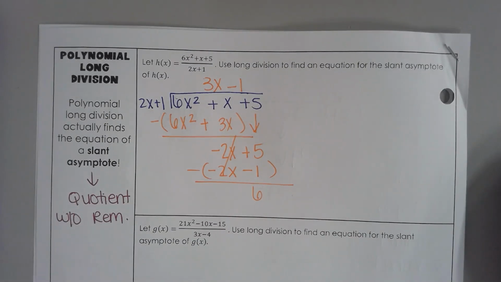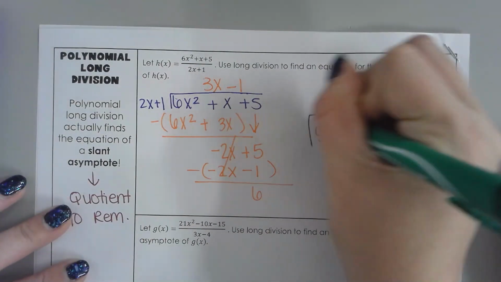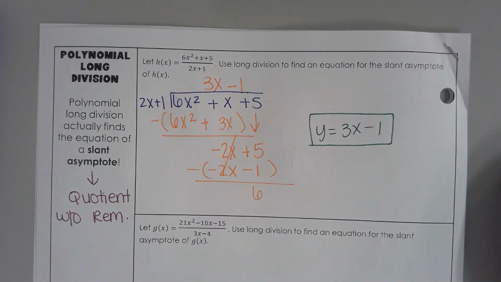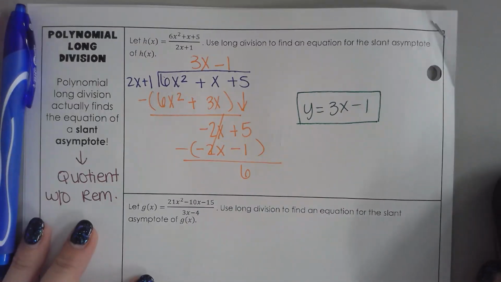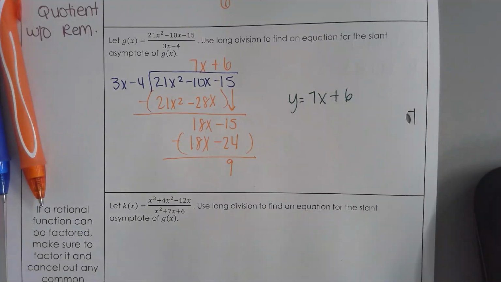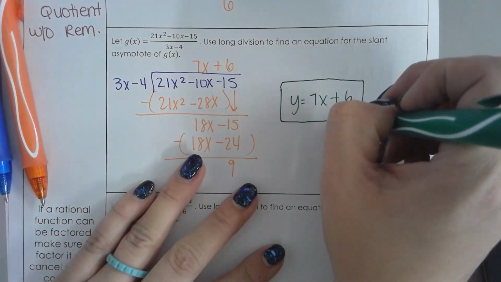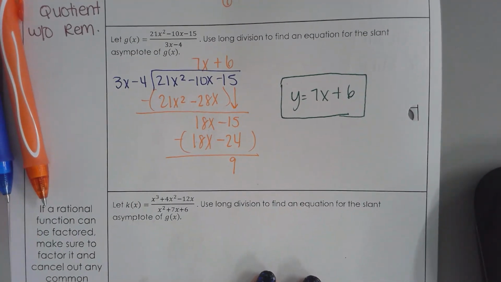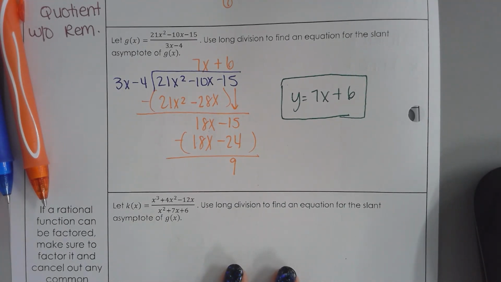My slant asymptote is the line y equals 3x minus 1. Try the next one. So I get your slant asymptote has the equation y equals 7x plus 6. Any questions on that one?